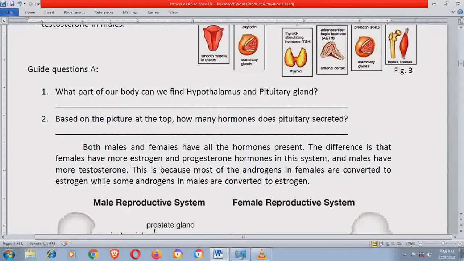So, ito yung ang babae at lalaki ay may parehas na estrogen, may progesterone, may testosterone din ang babae, no? So, kaya lang, most commonly present sa babae ang estrogen at progesterone. Mas marami ang nare-release ng estrogen and progesterone sa mga babae. Sa lalaki naman, mas marami ang nire-release na testosterone.